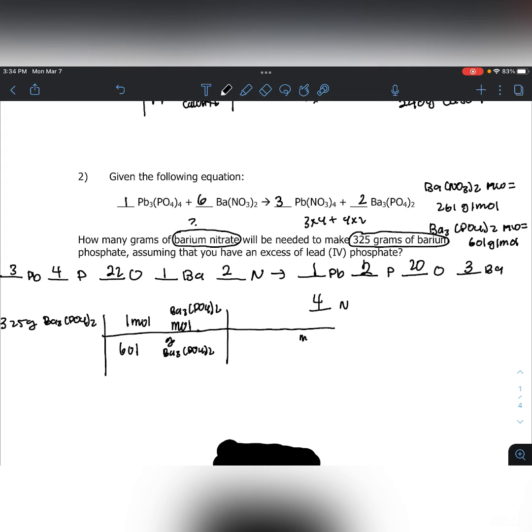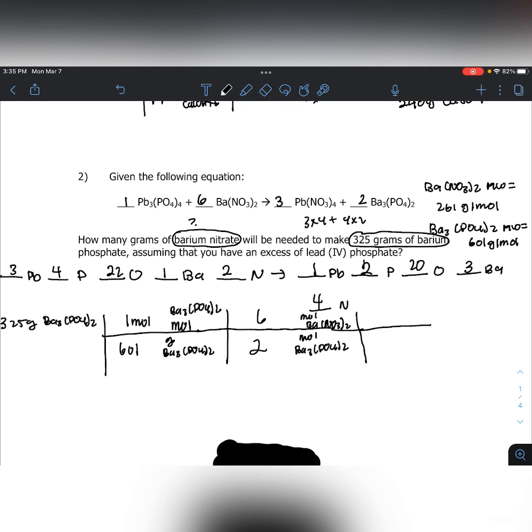So we'll put moles of barium phosphate, then at the top, we want to put barium nitrate because that's how much we want. And looking at the equation, for moles of barium nitrate, that should be 6, and then for moles of barium phosphate, that should be 2.